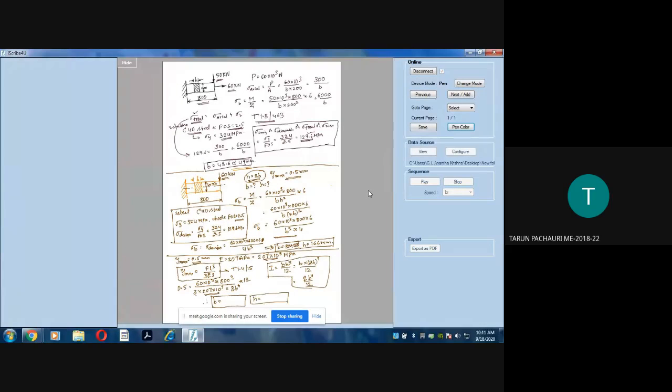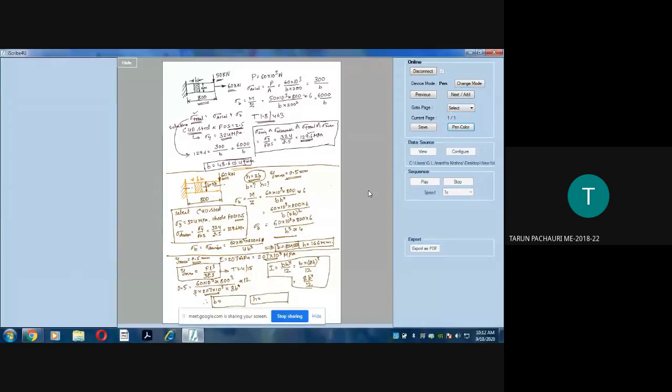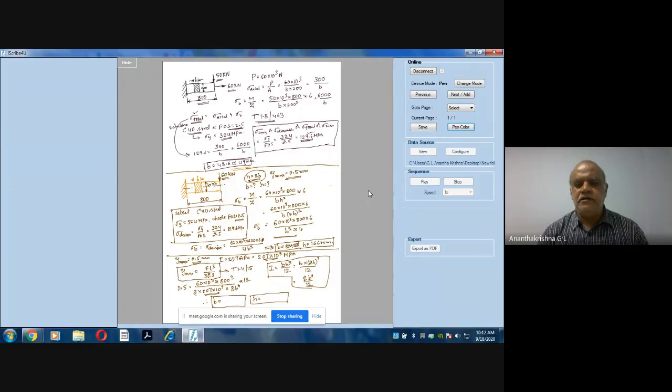Is it 111, sir? The value of B is 110.4. That's exactly correct. 110.4, I round it off to 111 mm. So H is going to be 2 times the value of B, that is 222 mm.